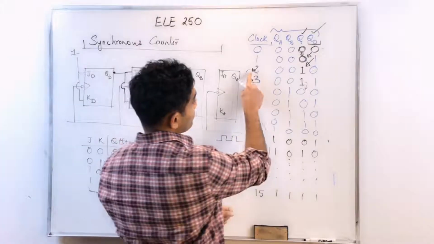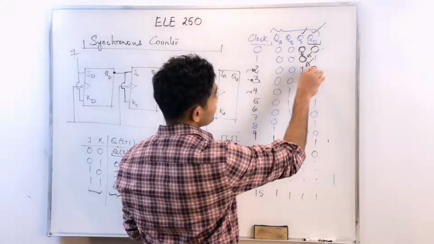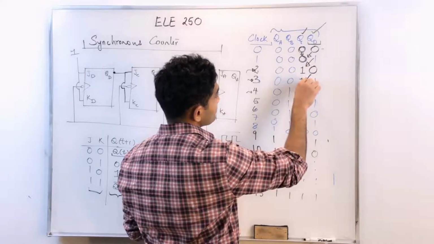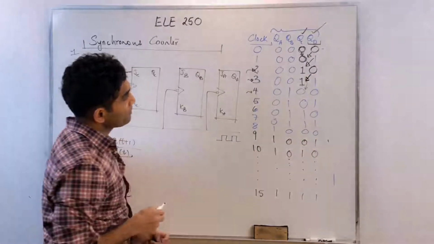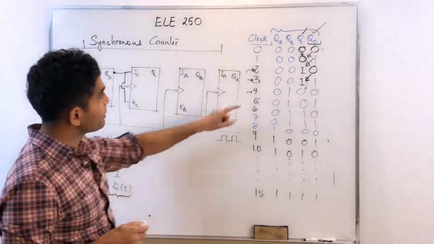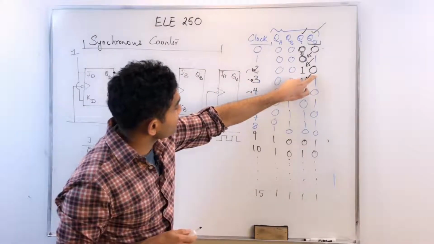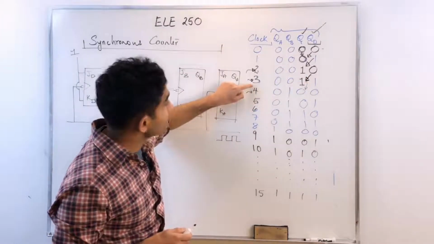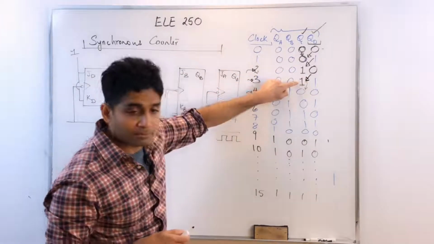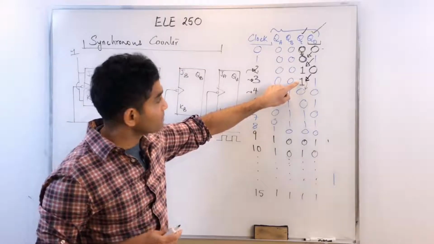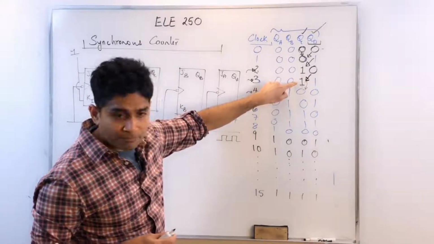Now on the second clock pulse, I'm applying a 0 on my JC and KC. That means again, I'm taking it back to the memory state, so in the next active edge, 1 remains as 1 because the flip-flop is in the memory state.